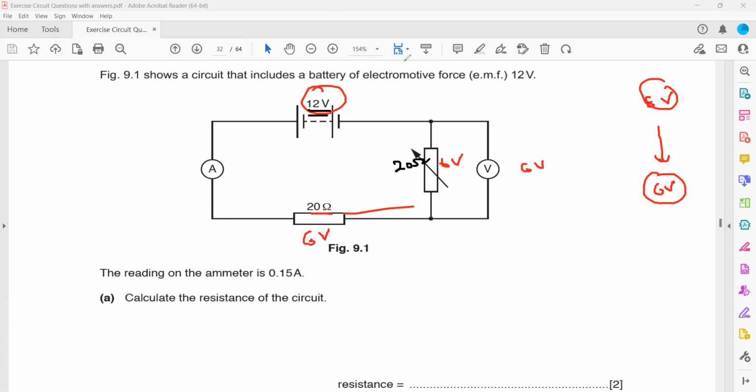And what happened to the reading across the fixed resistor? Originally it was 4 and now it has increased to 6. So in a potential divider circuit, if one side's resistance decreases, the voltage across that side decreases, and automatically the voltage on the other side will increase. In potential divider circuits, or in a series circuit, you can also say.